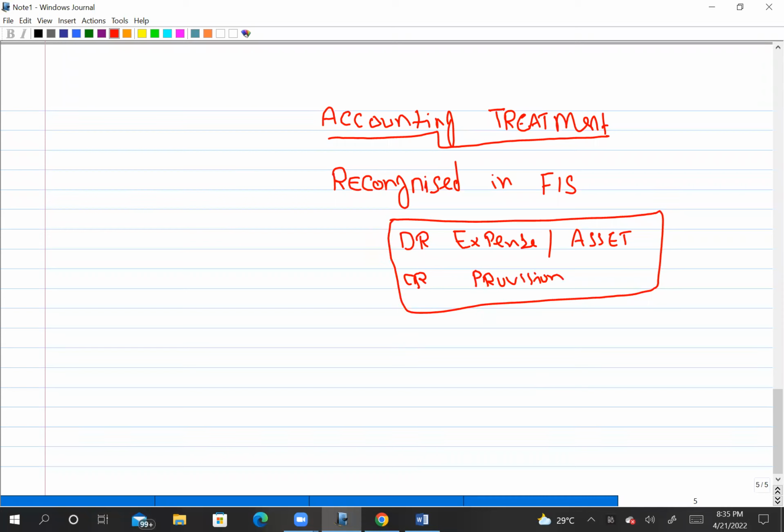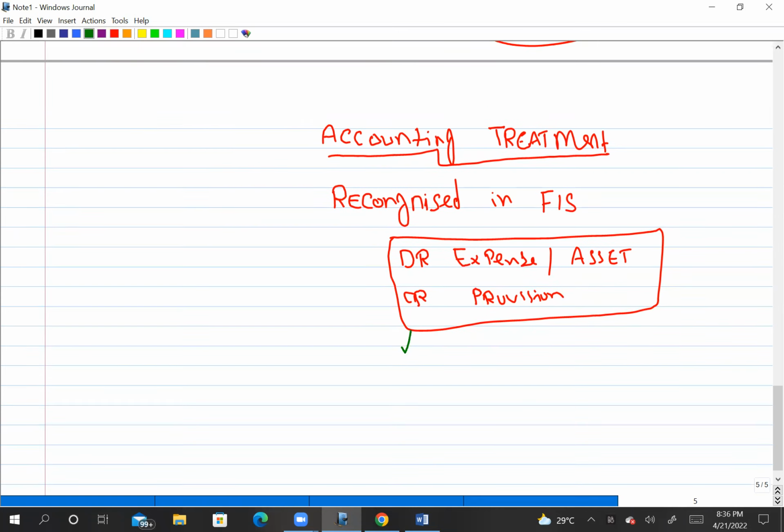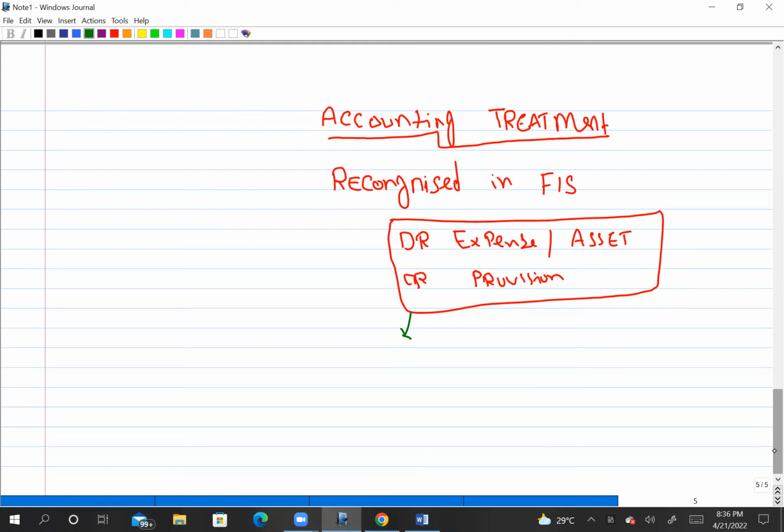We will recognize the provision in a financial statement, but only depending on some conditions.